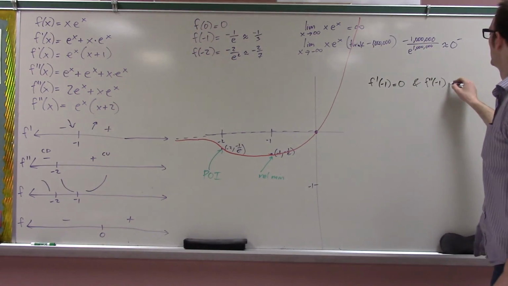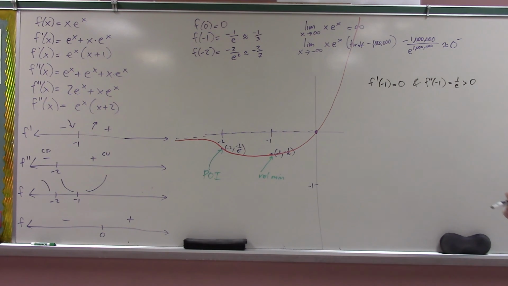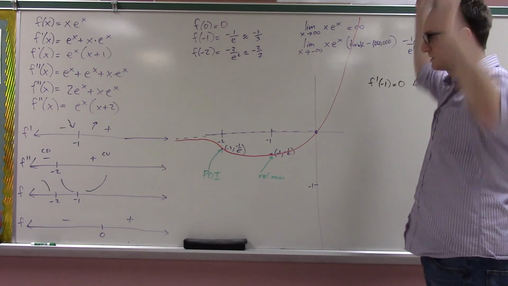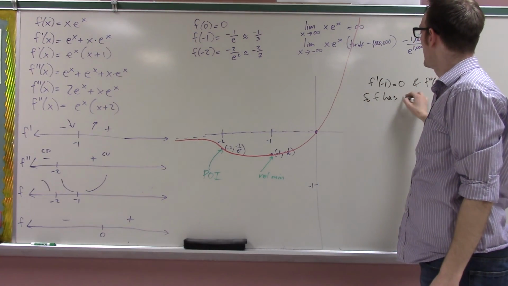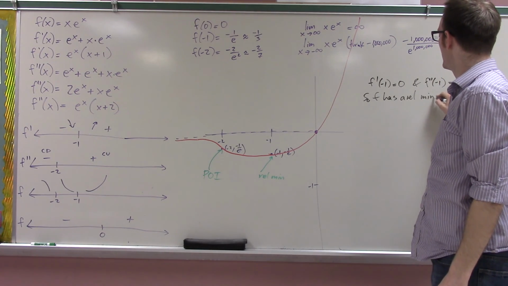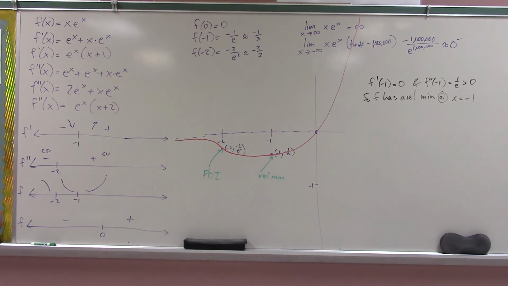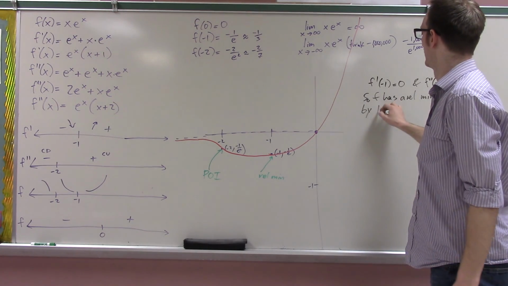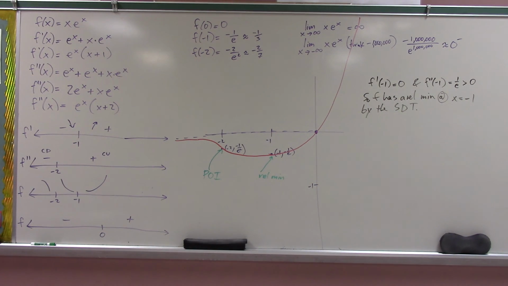So you just get 1 over e. And that number is positive. And since there's a horizontal tangent line and the second derivative is positive, it means it's concave up. So it's a relative min. So f has a relative min at x equals -1 by the second derivative test. Some people like that better than the first derivative test.